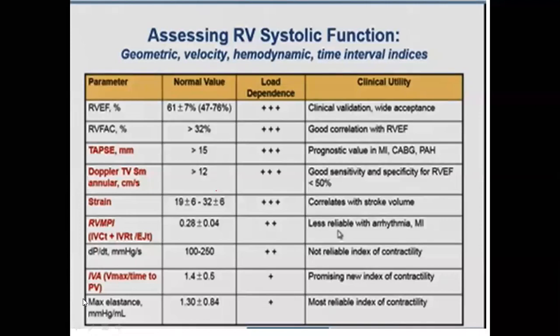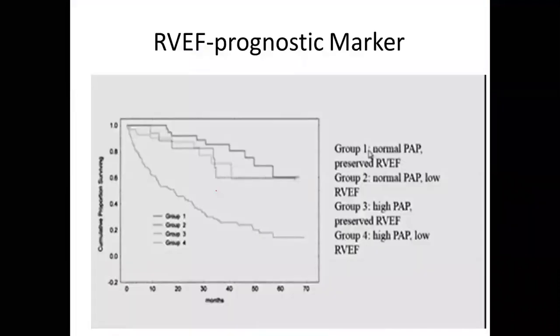So it's just laboratory based and research based. But it is the most ideal one for the determination of RV function, and it's load independent. If you use RV elastance, that's the last row, that's the load independent determinant of RV function.